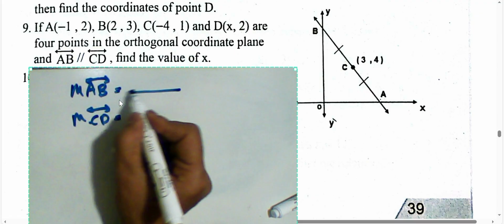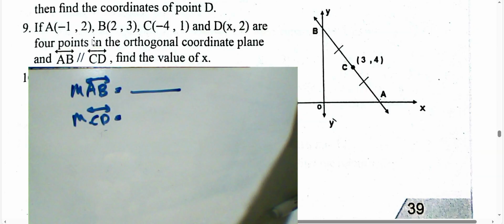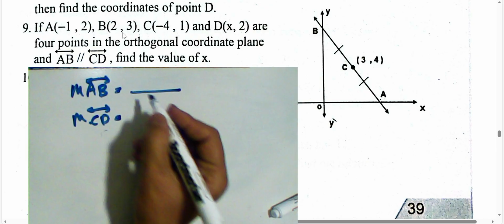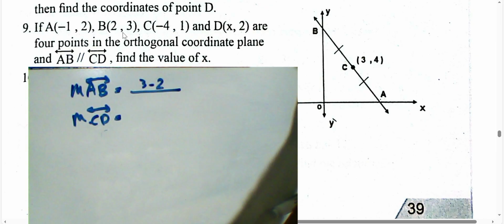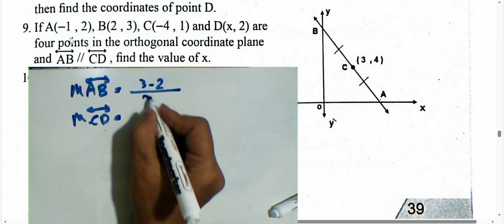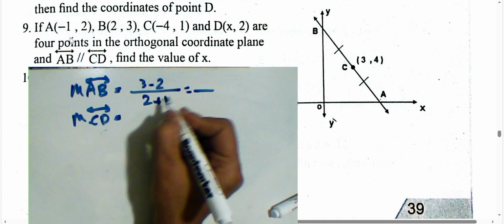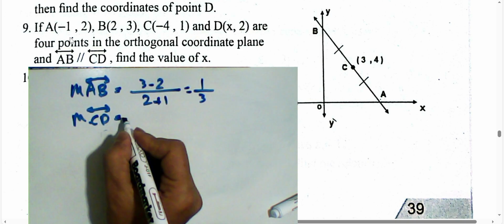First, we can find the slope of AB. Look at here, A and B. We write y2 minus y1, 3 minus 2, over 2 minus minus 1, which will be 2 plus 1. 3 minus 2 is 1, 2 plus 1 is 3.